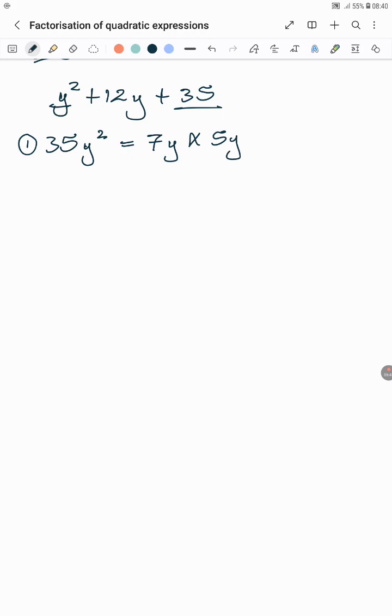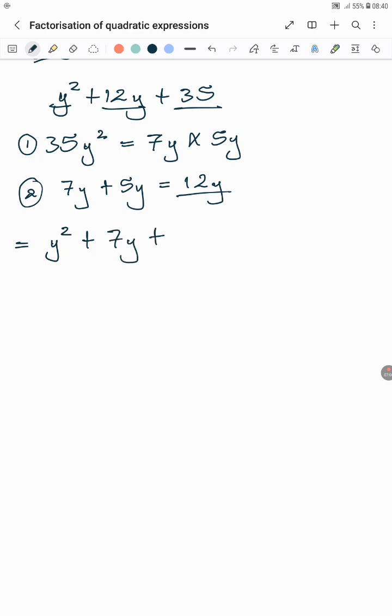And if you add 7y plus 5y, you get 12y, which is equivalent to our middle term. So we substitute our middle term by these two factors, which is 7y plus 5y.